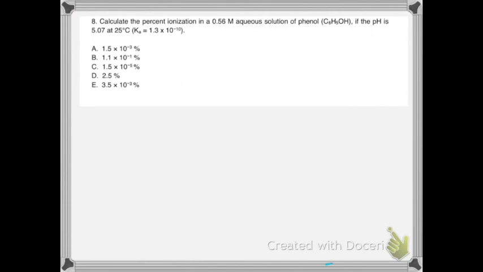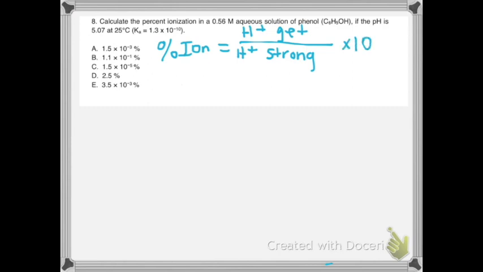The way that I think about it, percent ionization is equal to the amount of protons we get, the protons that we actually get, versus or over the protons that we would get if we had a strong acid. Which we don't, but. And then the classic times 100%.